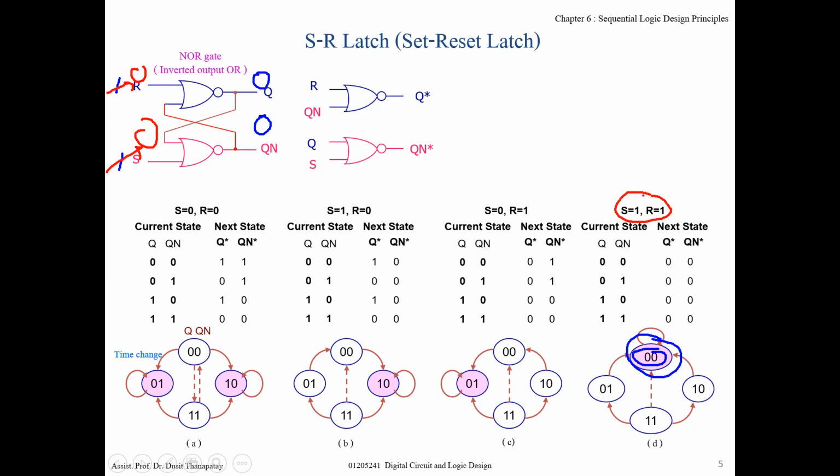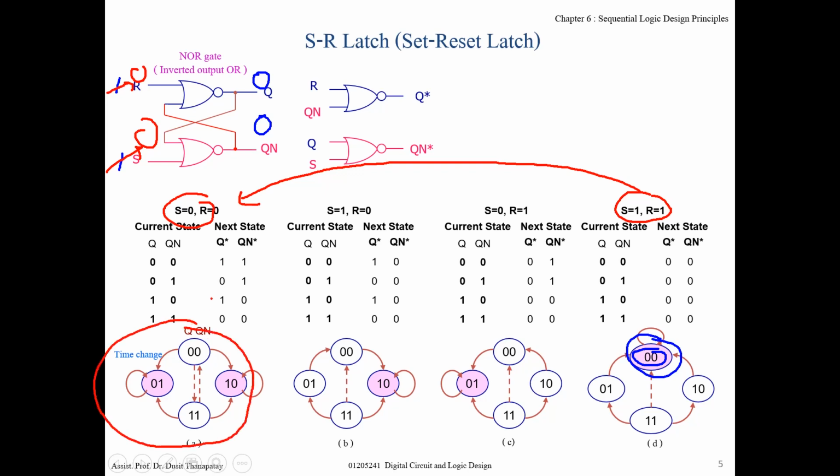For SR 1 1 changing to 0 0, now it becomes bistable. For bistable, if the current state is 0 0, what happened? It becomes unpredictable, right? So not so good. So normally we avoid this condition.